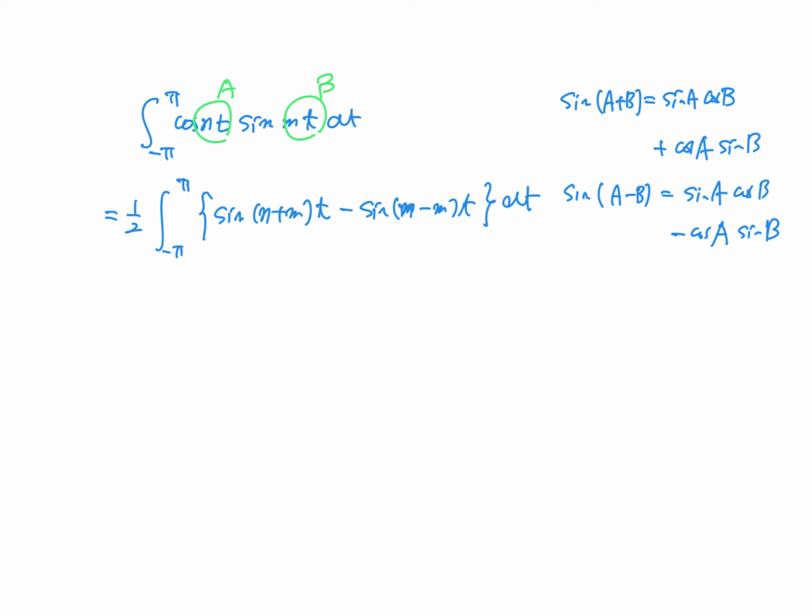So if we integrate sine, what do you get? From minus pi to pi, 0, right? And when m and n are different, this is always 0.